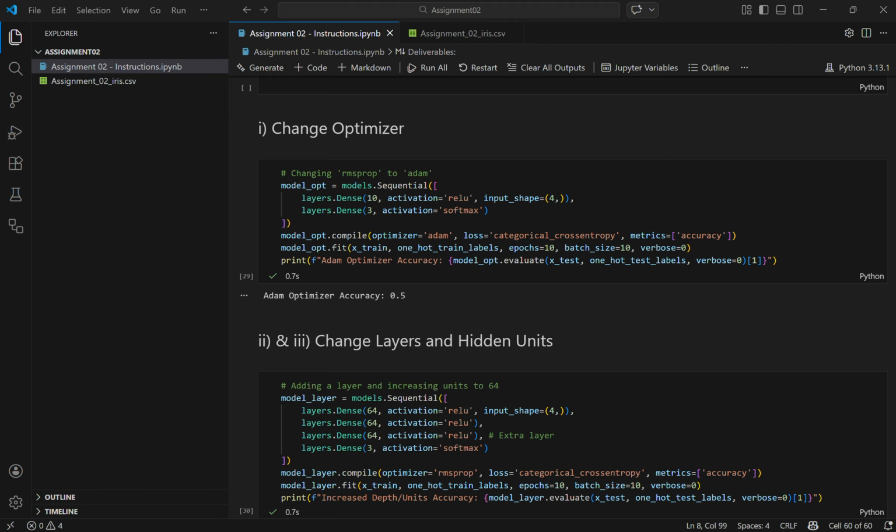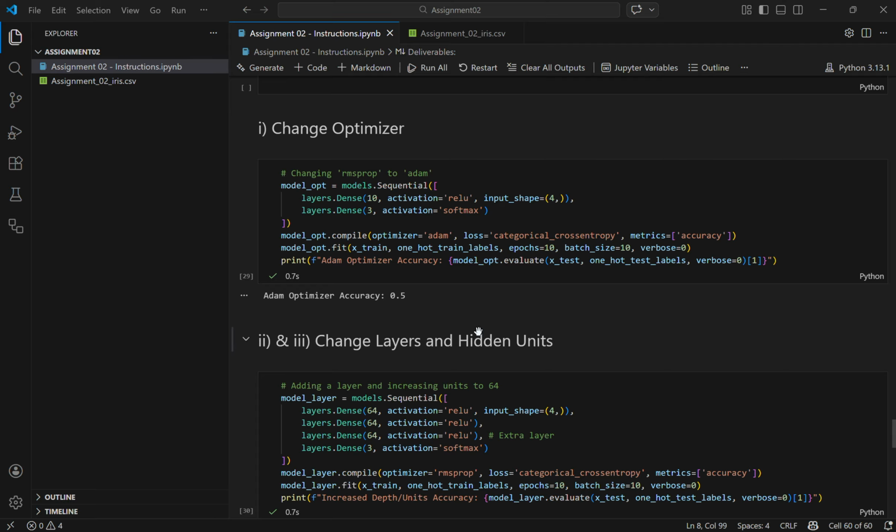In question 10b, finally, I experimented by changing parameters one at a time. Optimizer: switching RMSprop to Adam often leads to faster convergence.